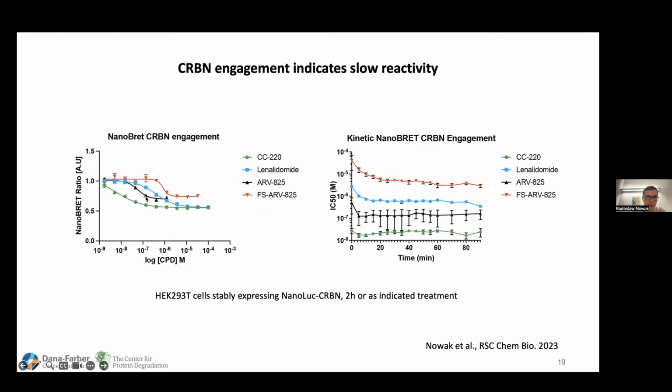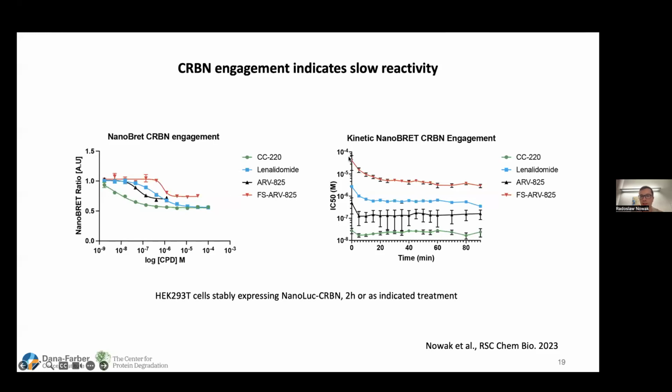That molecule happens to be about 100 nanomolar in potency, whereas our PROTAC molecule happens to be around 1 micromolar. We were able to quite nicely follow that up through a kinetics study with a live cell substrate, and we were able to follow the IC50s with the NanoBRET cereblon engagement assay.